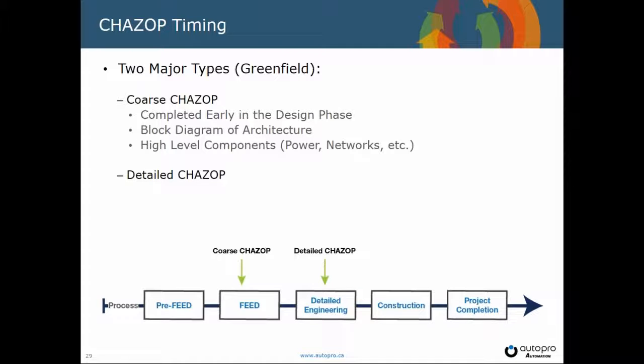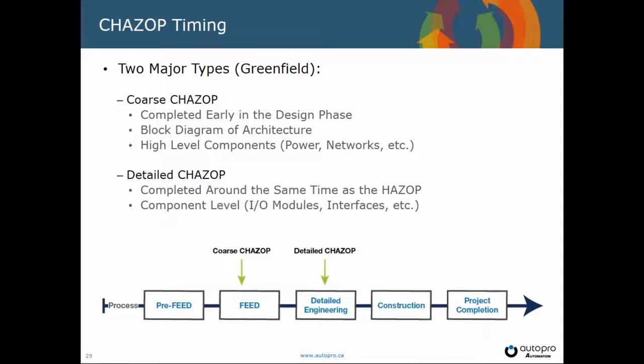And then later on through the detailed engineering, we would do a detailed CHAZOP where we're actually looking at I/O modules. If we're looking at software, we would look at critical trips and critical control loops. Both of these would ideally happen at approximately the same time as the process HAZOP, maybe just following by weeks, or depending on the size of the project, a month or 6 weeks after.